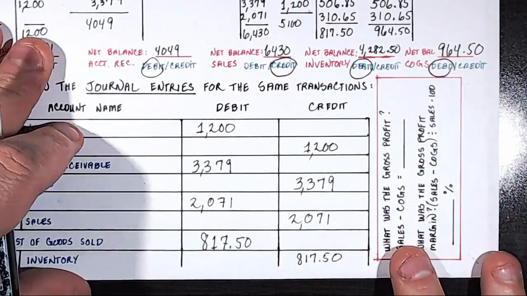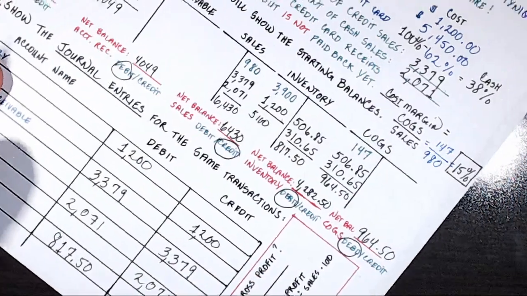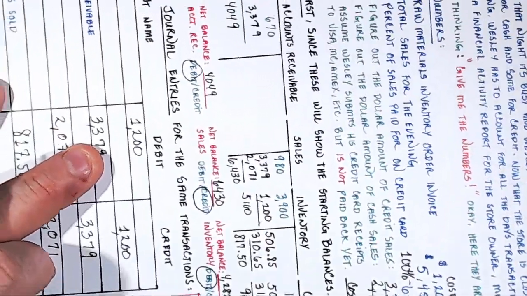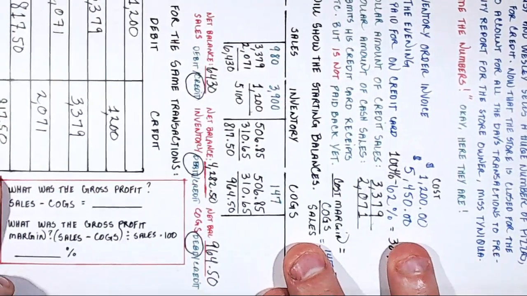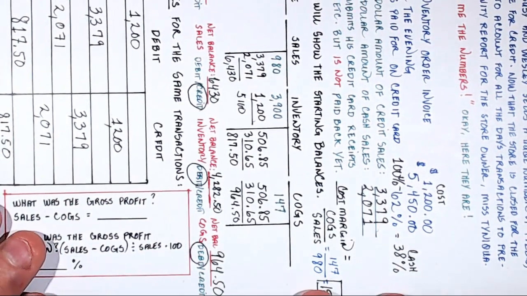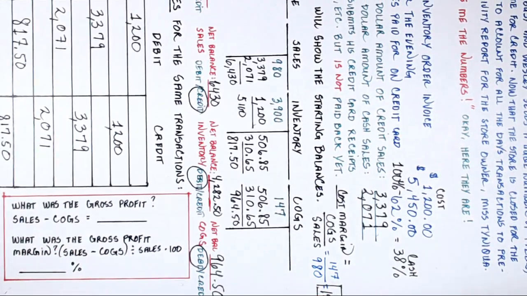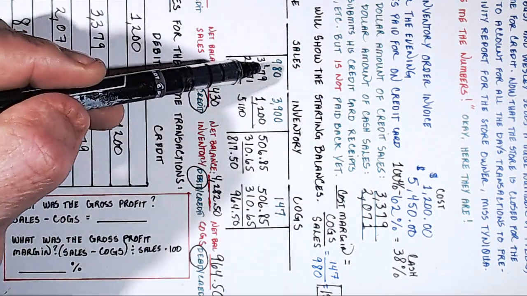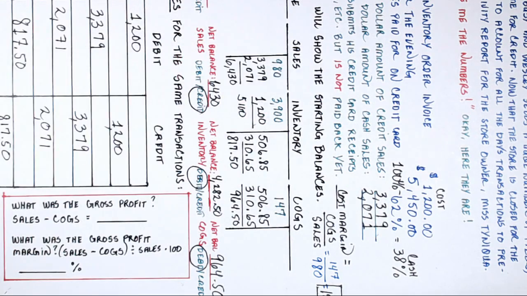Fantastic. Now, to turn this page a little bit to see what this thing is asking me over here. It says, what was the gross profit, sales minus cost of goods sold? Well, what were the total sales for the evening? Now, it's a bit of a question whether you should use the starting balance for this transaction or for this calculation.